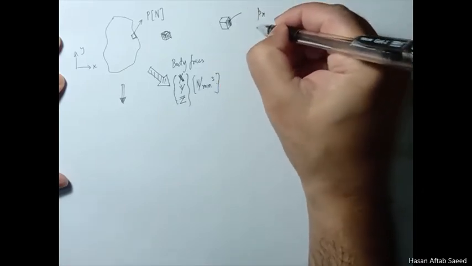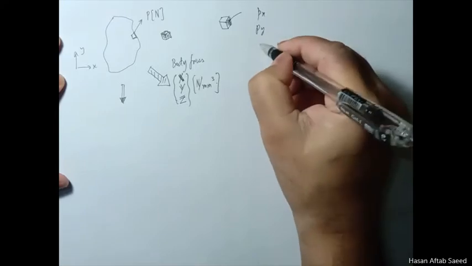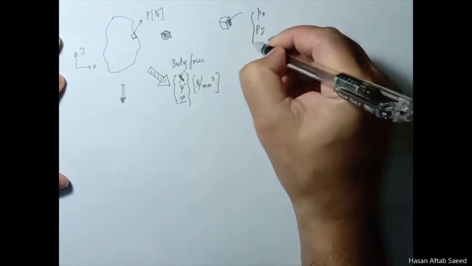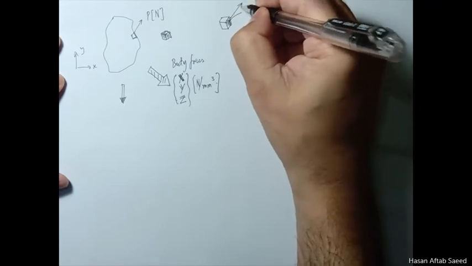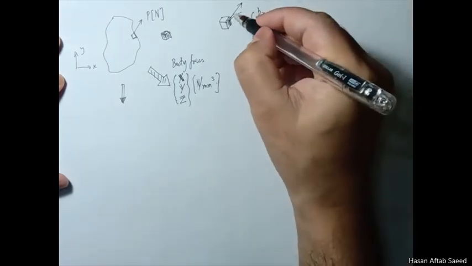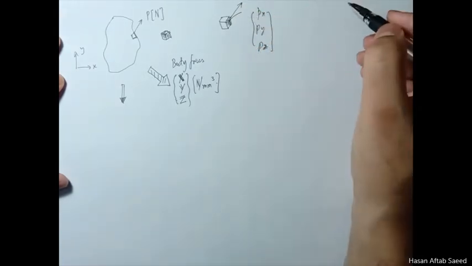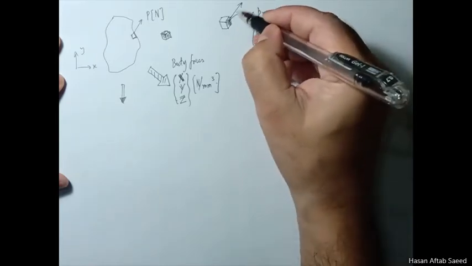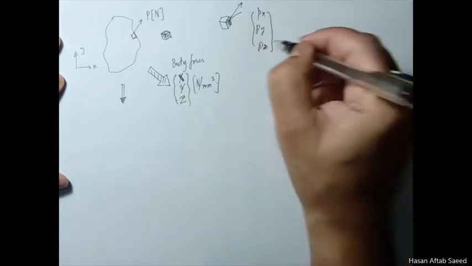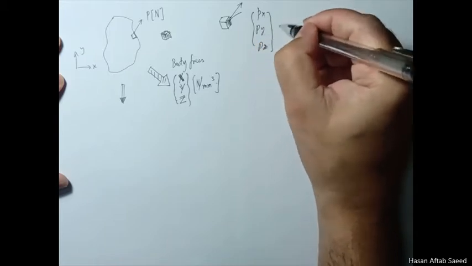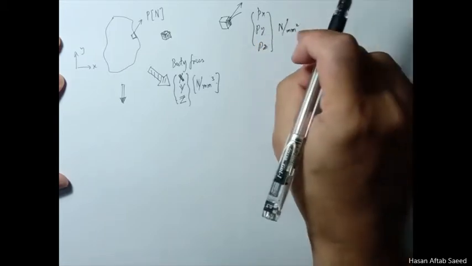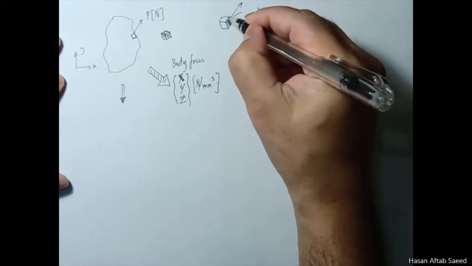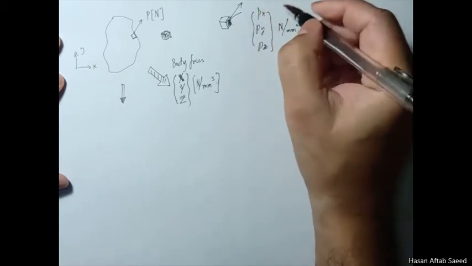So we say that that vector is this. For example, it could be in an arbitrary direction like this with components in x, y, and z direction. But again, this is not at one point of the whole body. So of necessity, these quantities must be in Newton per square millimeter, because when you multiply this by this surface area only, you get the total amount of force.